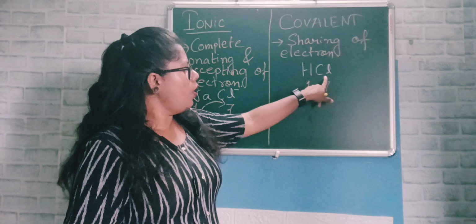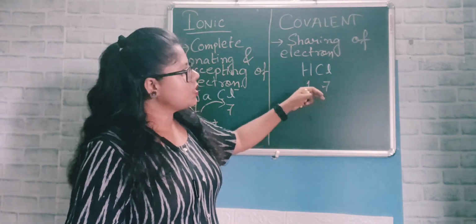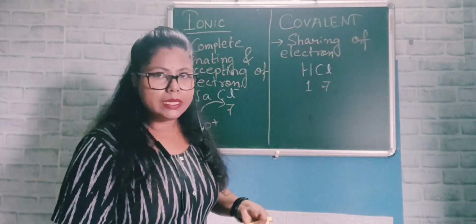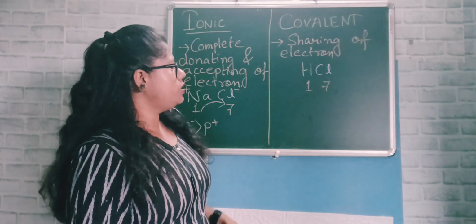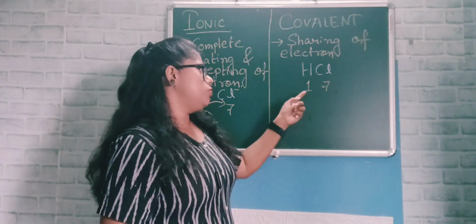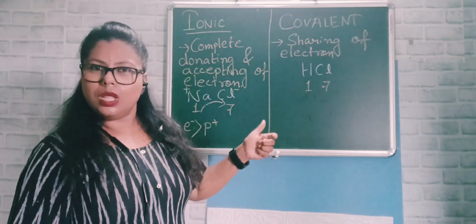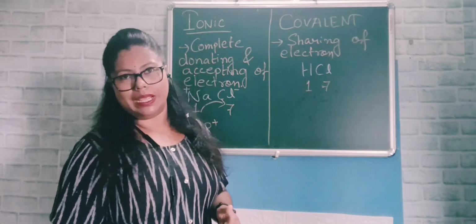Chlorine also needs 1 electron to become stable, but it cannot donate anything because it is in need of electron, as I just told you. Hydrogen is in need of electron, and chlorine is also in need of electron. Then what to do? Nobody can donate and nobody can accept here.